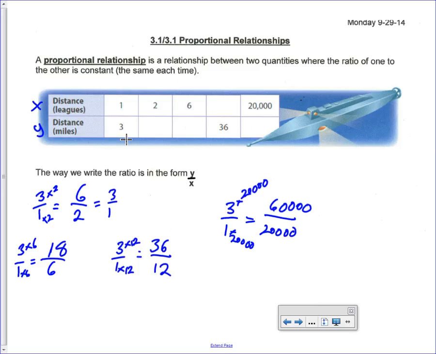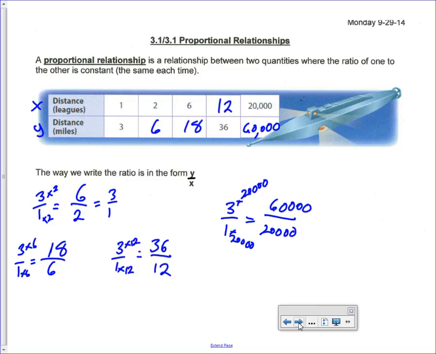And now we have what goes in each one of these. For 2, we got 6. For the 6, we got 18. For the 36, we got 12. And for 20,000, we got 60,000. This table is a proportional relationship because each one of these, when you do y over x, reduces to 3 over 1. It has the same ratio.